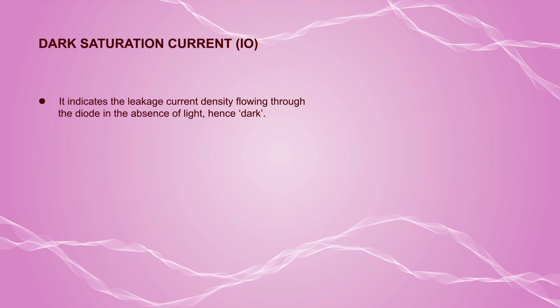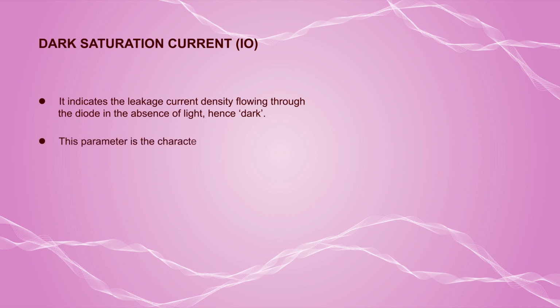As we all know, during the forward bias or reverse bias condition, when the diode is not in a conductive mode, a small amount of current always flows, which is called leakage current. So, the dark saturation current indicates the leakage current density flowing through the diode in the absence of light, or simply in the dark condition.